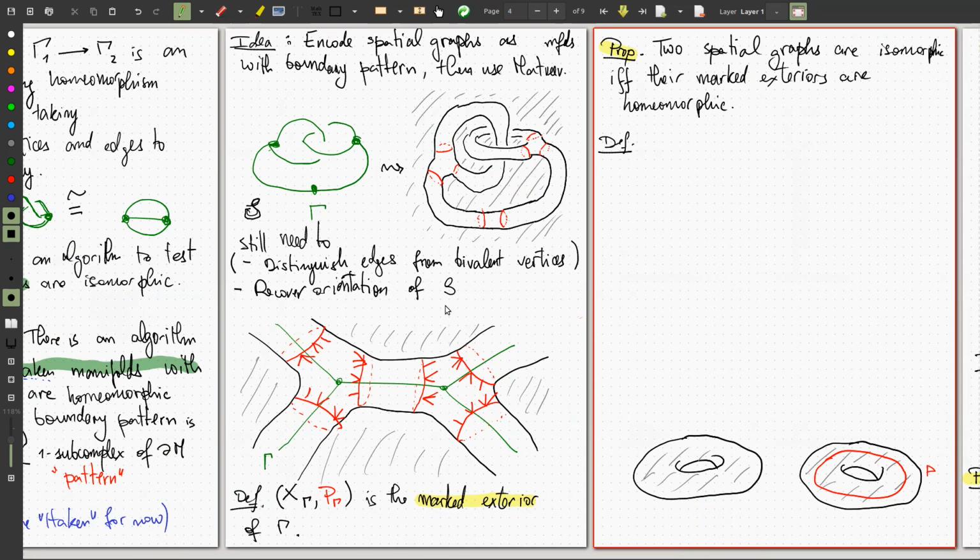And then you test the graph exterior. If you want to compare 2 graphs, you test if their graph exteriors with boundary pattern are homeomorphic. And well, this you can do using Haken, and then you're done. So this could be a much shorter paper if it were not for the word Haken. So let's see what this demands of us.